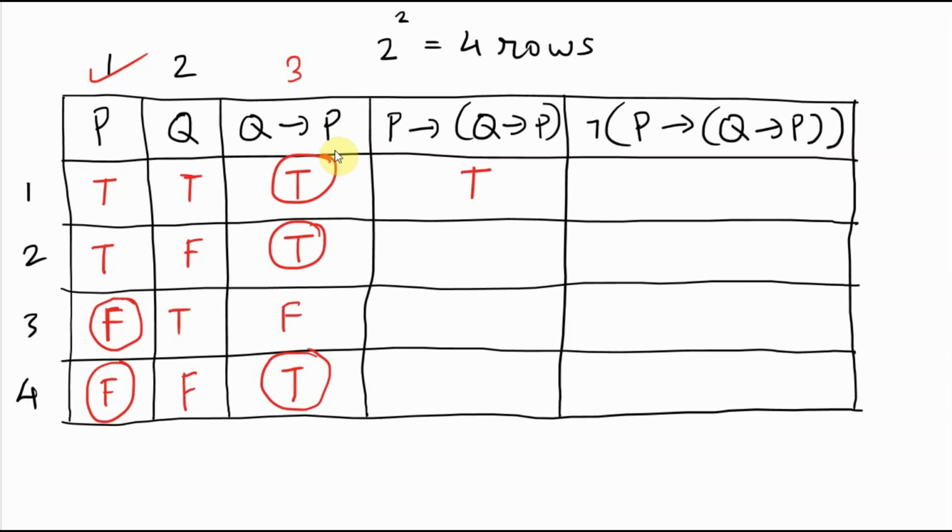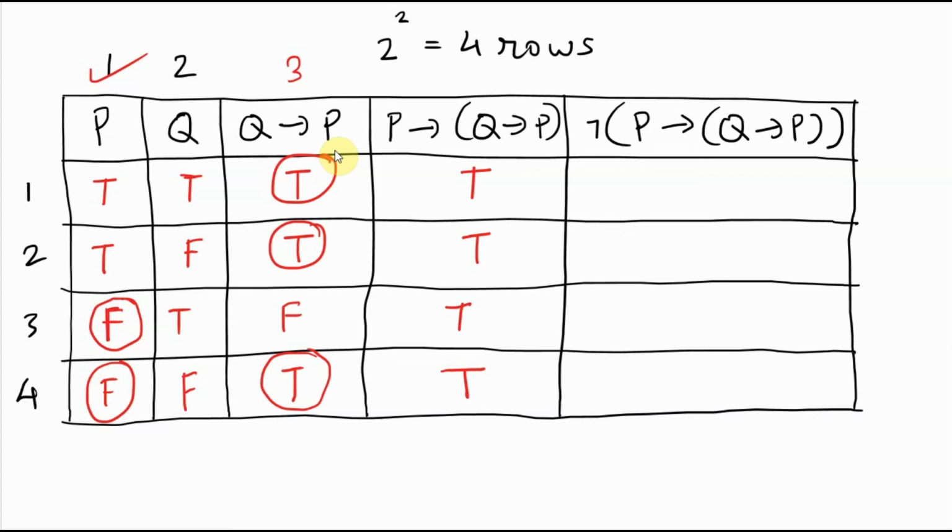So we got true here, we got true here, and this row is also true, and this is also going to be true. So it seems that this P implies Q implies P is a tautology.